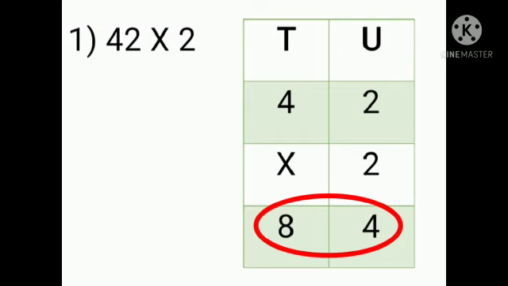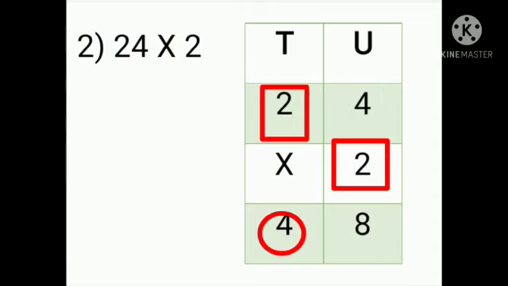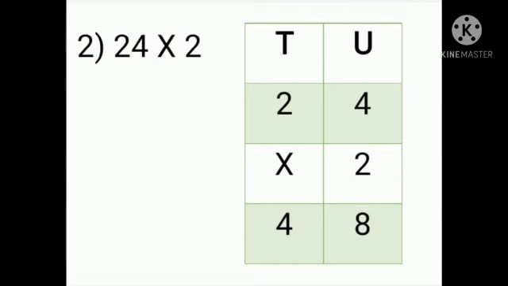Now let's see next one. 24 multiplied by 2. Draw the columns, arrange the numbers. Let us start from units place. 2 4s are 8. Tens place, 2 2s are 4. Therefore 24 multiplied by 2, answer is 48.